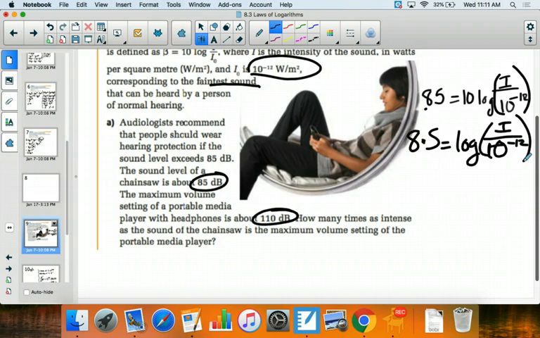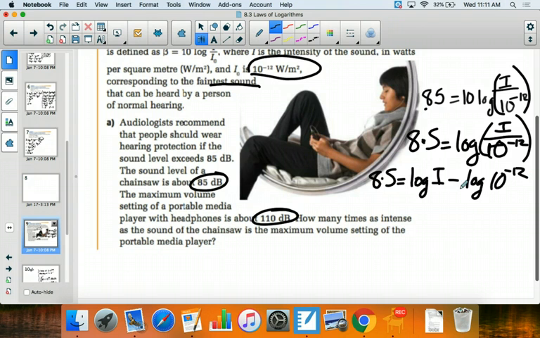You could then use that law of logarithms to break this argument up into two different logarithms. Because it's a fraction, I can turn it into two terms being subtracted from each other. So I can have 8.5 is equal to log I minus log of 10 to the minus 12.